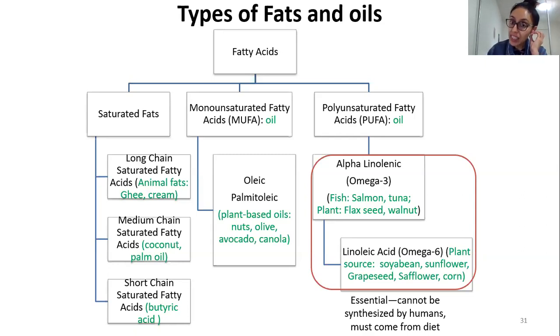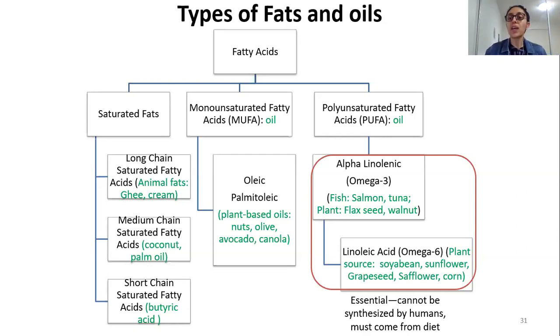Your linoleic acid, your omega-6, is the most commonly consumed in the Western diet, coming in the form of sunflower oil, soybean oil, safflower oil, all of which are used a lot. Soybean oil, for example, is used a lot in making confectionery items and for frying, and that's why it's so easily consumed.